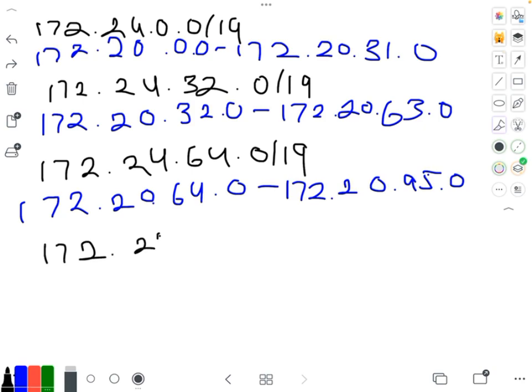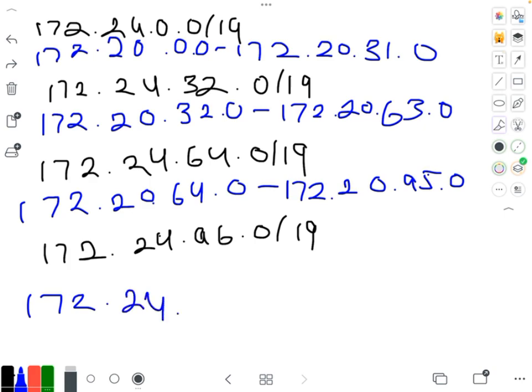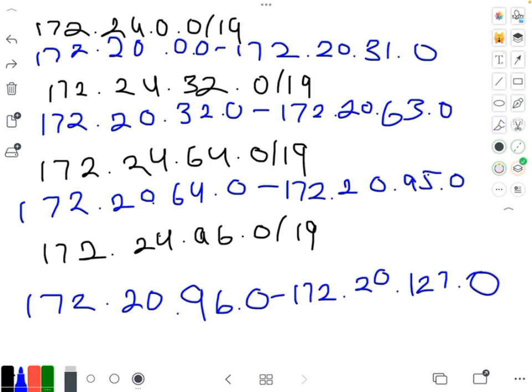And lastly, we have 172.24.96.0/19. Then we have the range, which is 172.24.96.0 to 172.24.127.0.